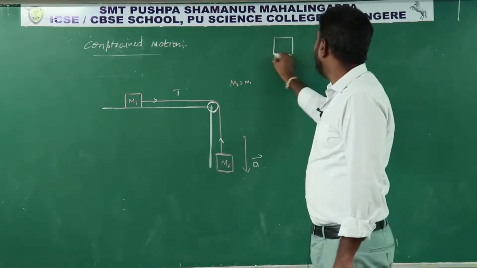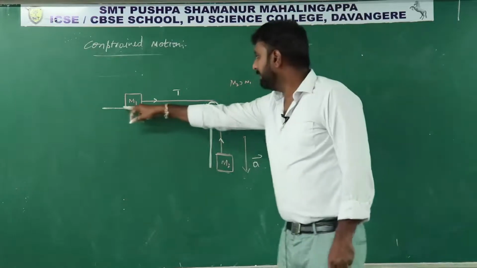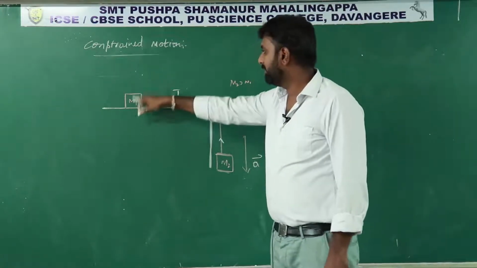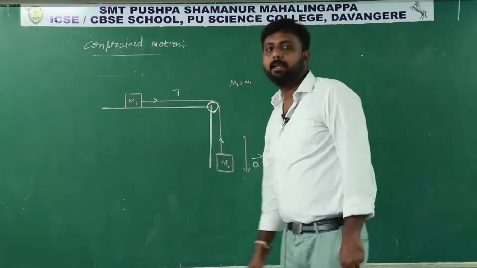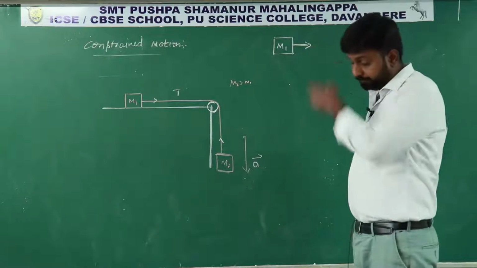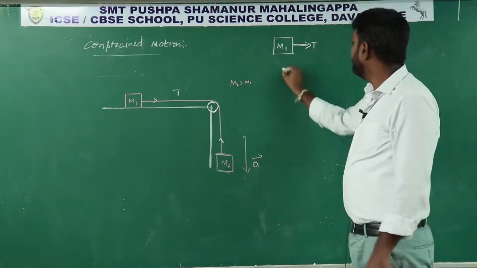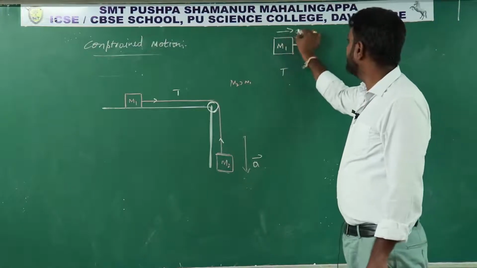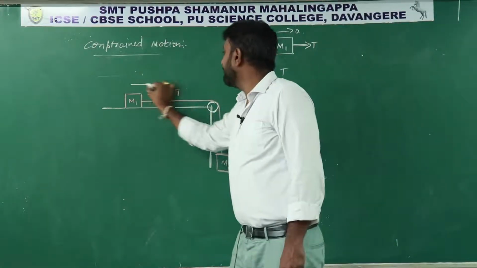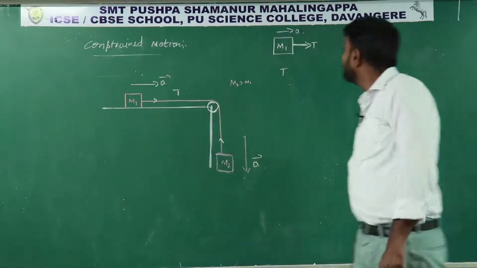Mass m1, identify the forces. So whenever there is contact, in this case the normal and mg both are balancing, no need to take those forces. Here on m1, the force acting is T, only one force, and the acceleration is in this direction, the block is moving in this direction.